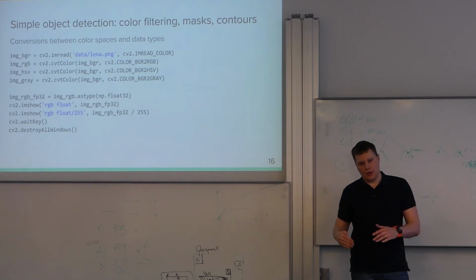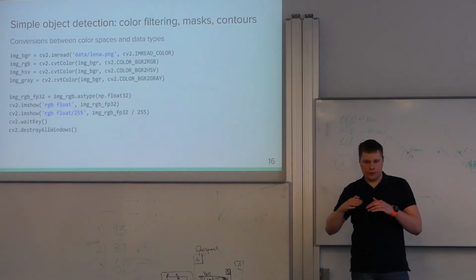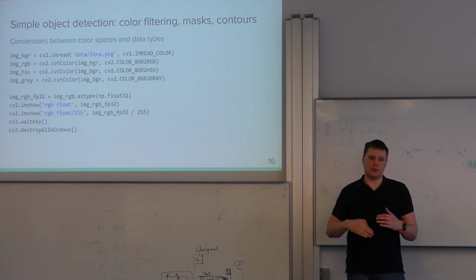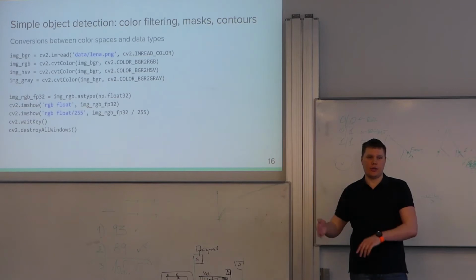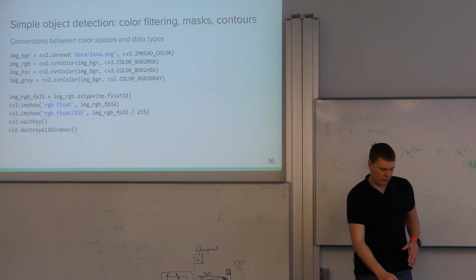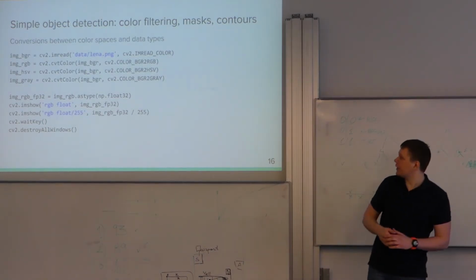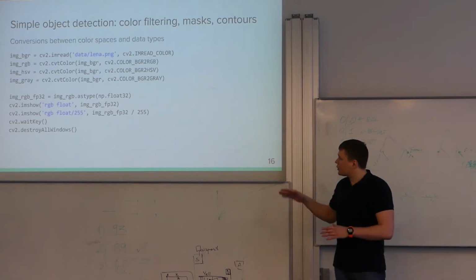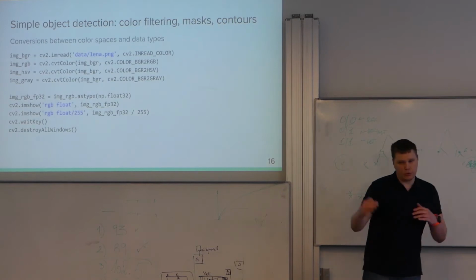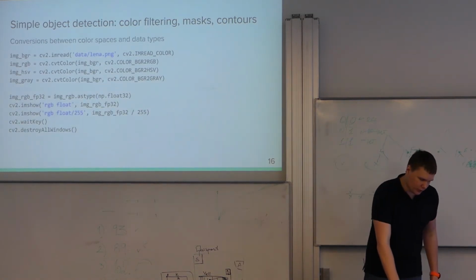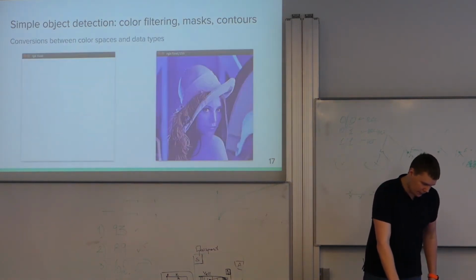OpenCV thinks, okay, it's a floating point image, so the range should be from 0 to 1, and all values larger than 1 are considered white. In the second show, we display the image divided by 255 to normalize it to the 0 to 1 range.